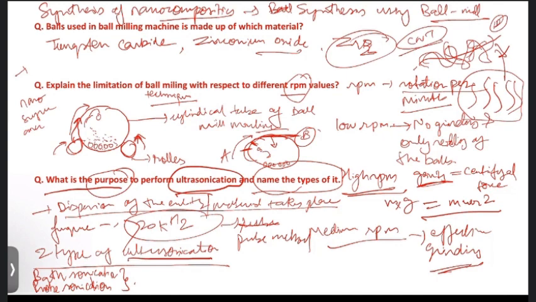In the probe type, the probe is immersed into the liquid for ultrasonication. Yes. For the bath type, it was kept in a beaker, that matrix material was kept in a beaker in the tub like water. It was immersed. Yes. Which is more powerful, bath sonicator or probe sonicator?